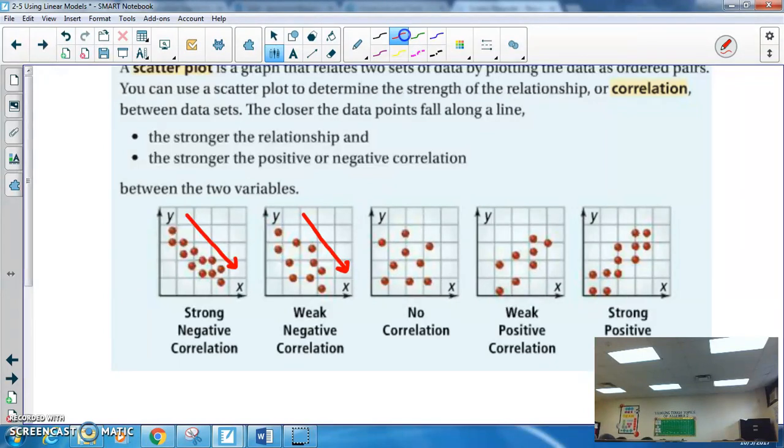Then we have no correlation if we have points all over our coordinate plane. A weak positive would be our data points are going upward, but they're not too close together. And then a strong positive correlation would be, once again, we are moving positive, but our data points are close together.